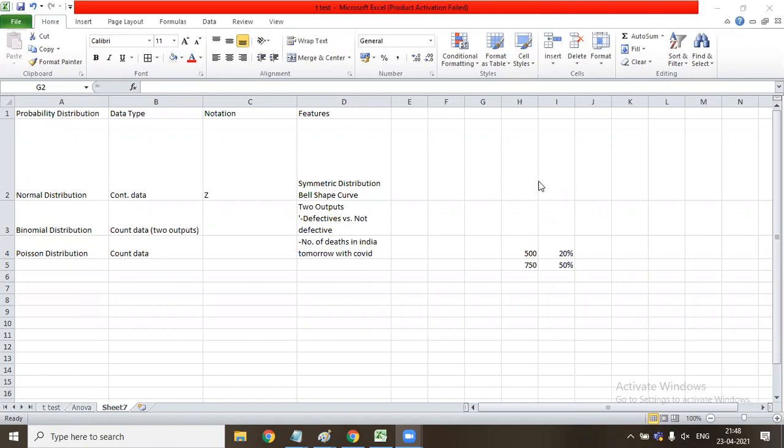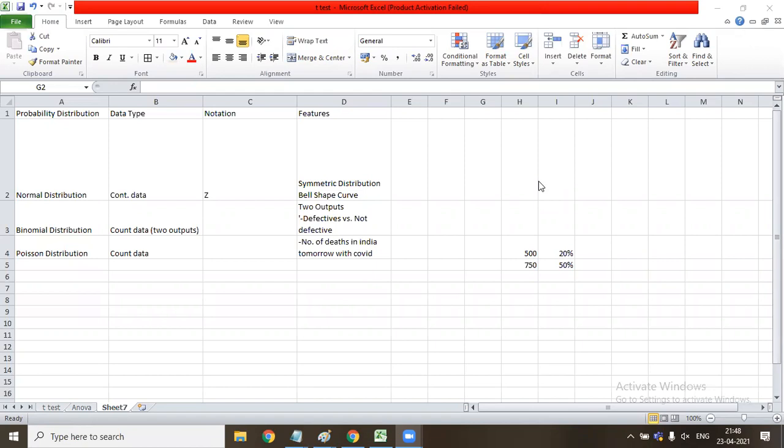Now, when we need to measure the number of deaths because of COVID tomorrow, it is a discrete outcome with a count that is not limited to 1 or 2, but it can be many.